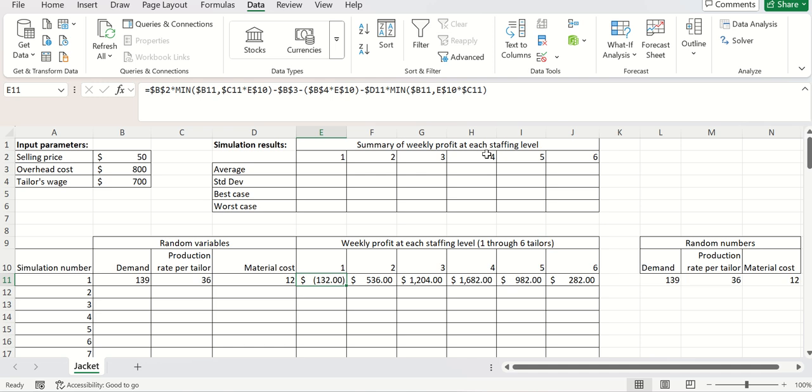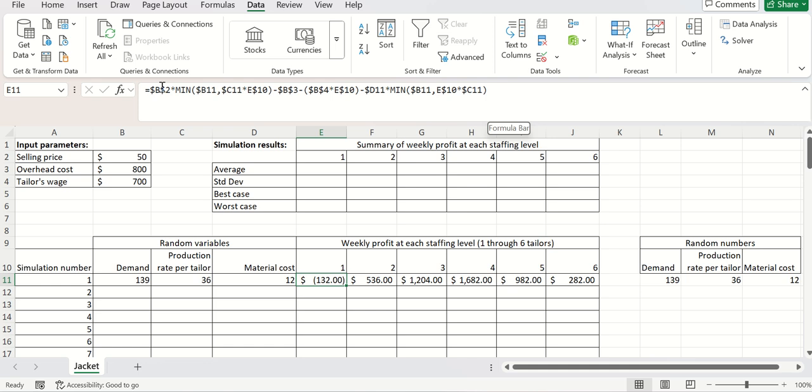And the way we do that is, again, when I'm looking at the profit, it is the selling price times the minimum of either the demand that week or the number of jackets that can be produced. So we can't sell more jackets than we produce or than what we demand.